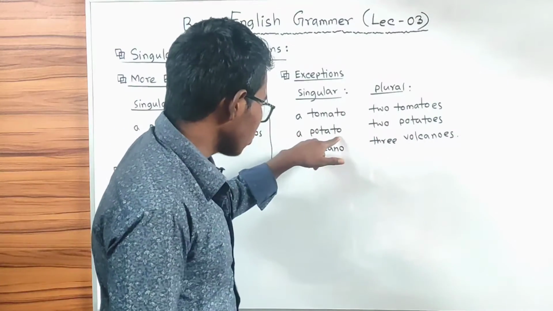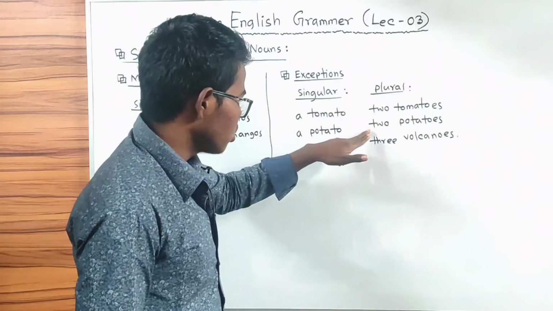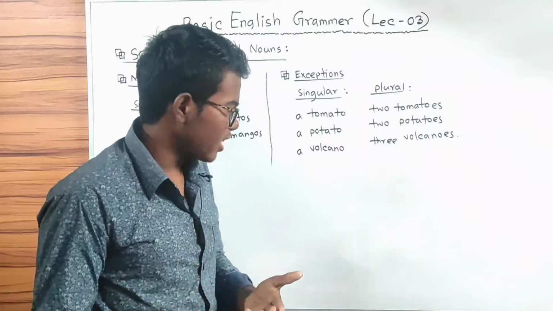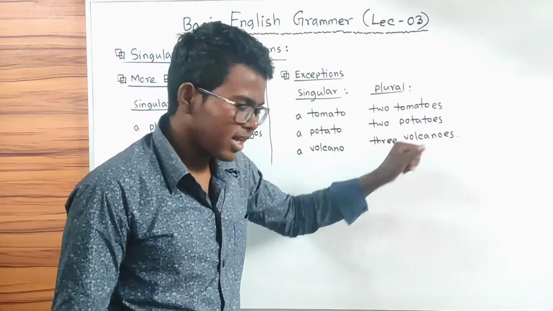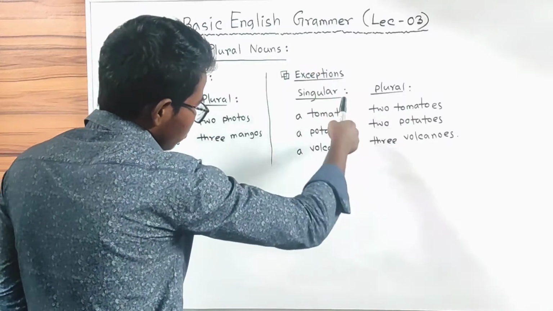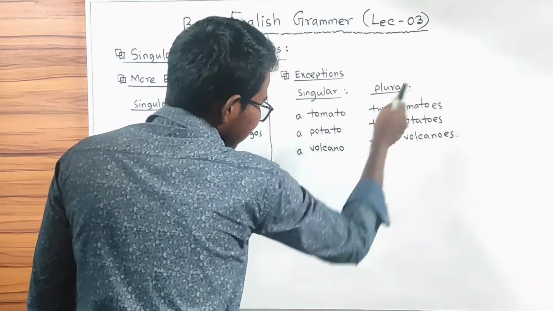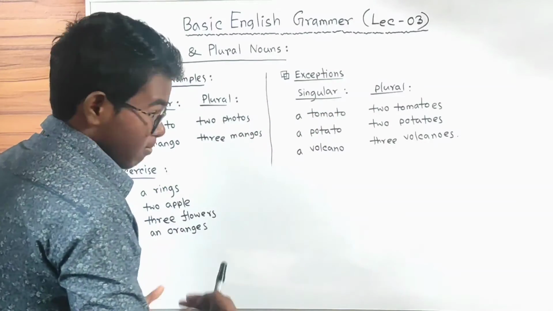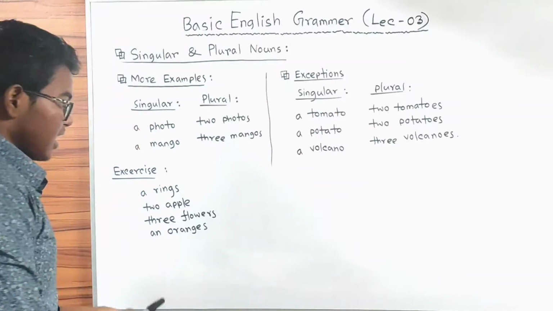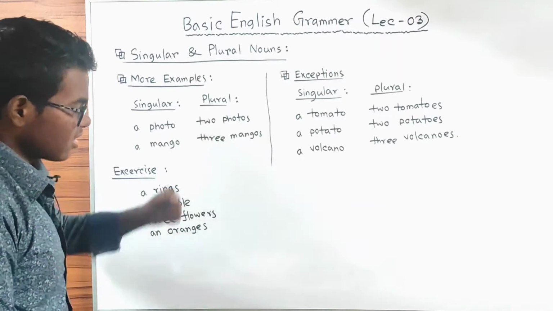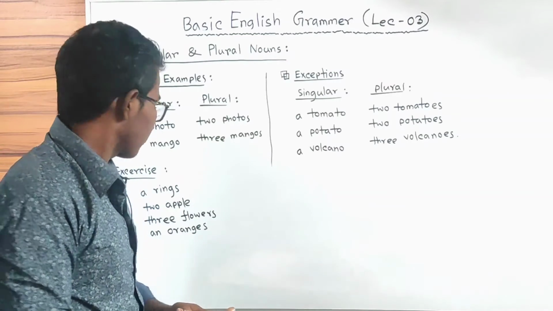A potato, one potato, two potatoes. A volcano, one volcano, three volcanoes. For only these three nouns we have to add just es instead of s to make them plural. But otherwise, if we have any other nouns that end in o, we just add s to make it plural.